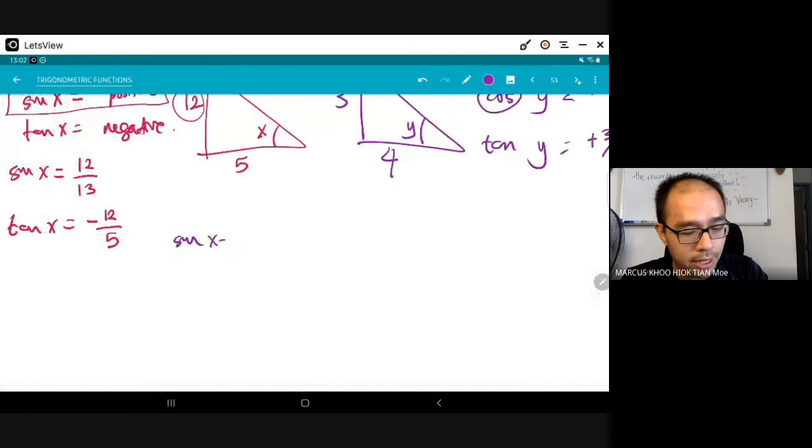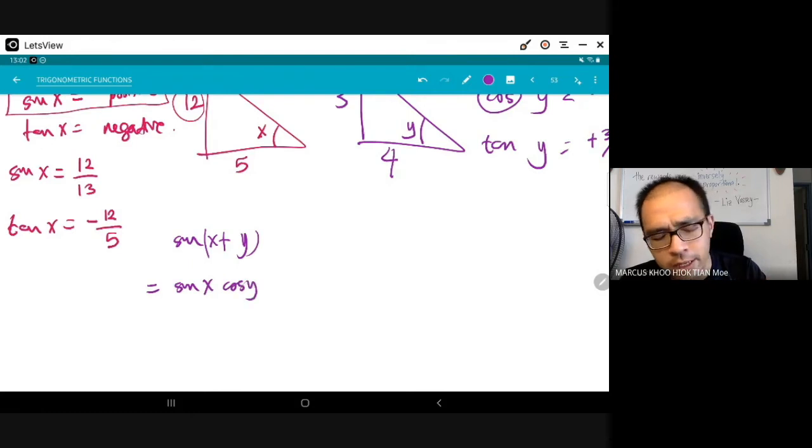Now let's come to the question. Sin x plus y, according to the addition formula, would be sin x cos y plus cos x sin y. Please correct me if I'm wrong.